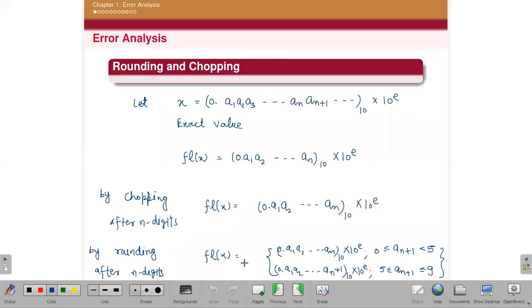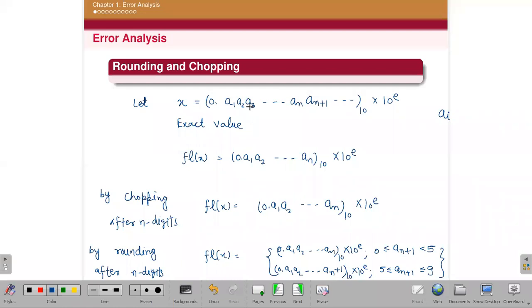Ma'am, please tell me once how this range of 0 to 5 and 5 to 9 came about? Because every number is a full number and these ai are digits, so any digit in it can occur only from 0 to 9.